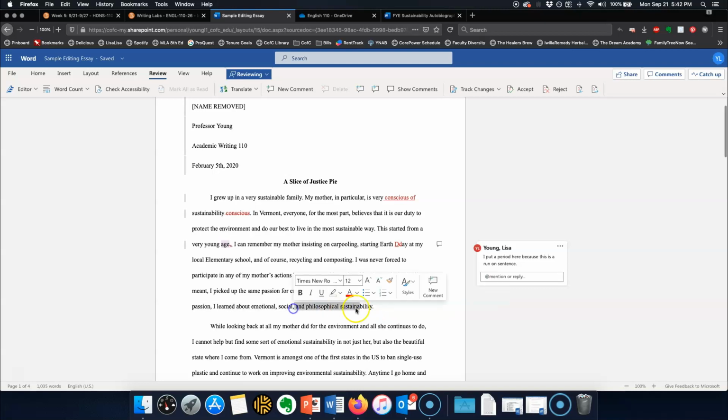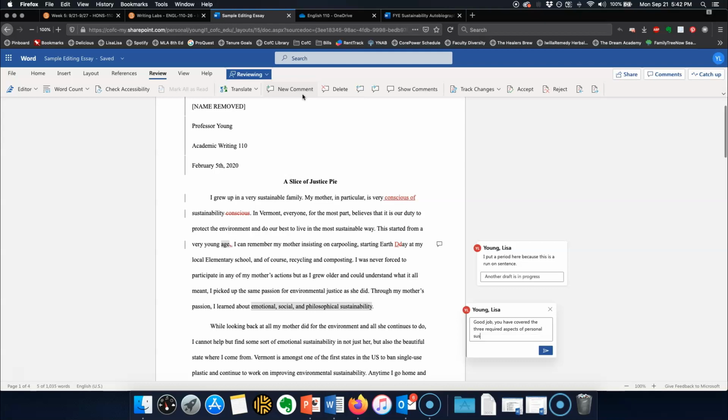And then I might highlight this and say something like, since I'm the professor, good job, you have covered the 3 required aspects of a personal sustainability as you were supposed to do.